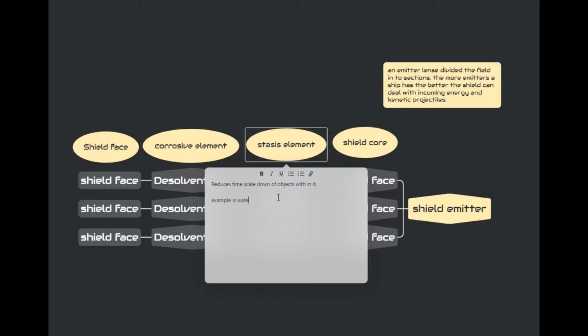No, I've got to figure out a way to explain this in a little bit less of a stupid way. Reduces the time scale of an object within it.